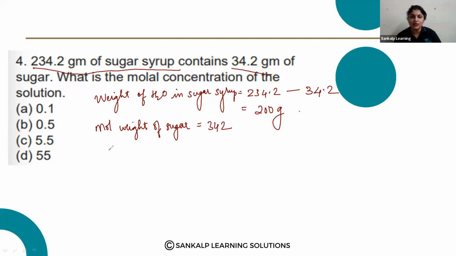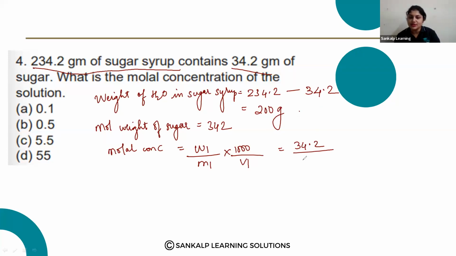Now we have to calculate the molar concentration. Molar concentration is given as W1 divided by M1 into 1000 divided by V1. So what is W1? W1 is 34.2, that is the mass of the sugar.